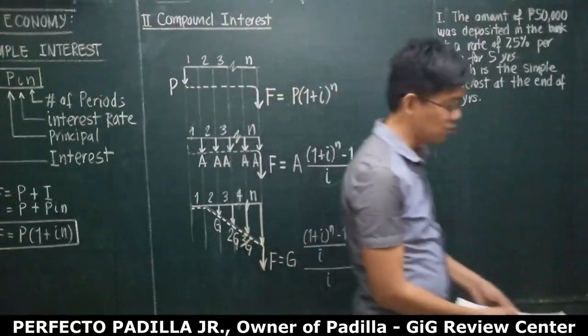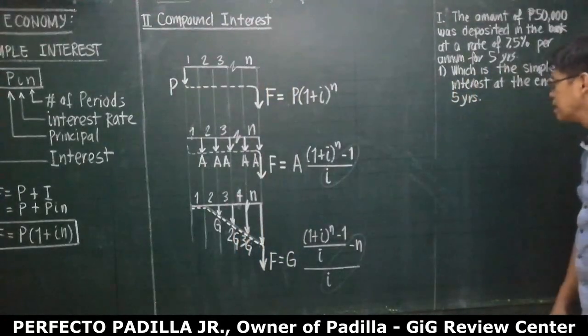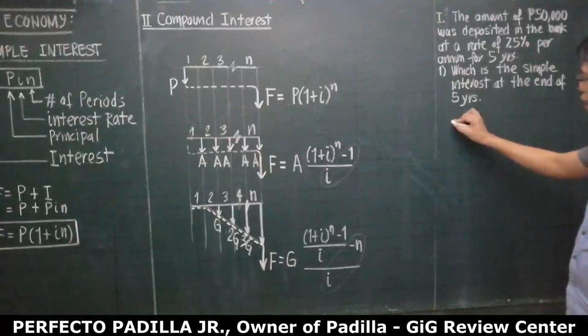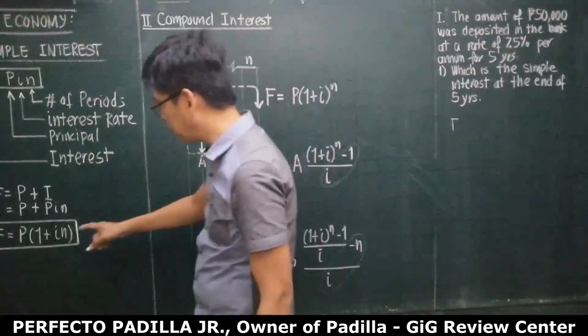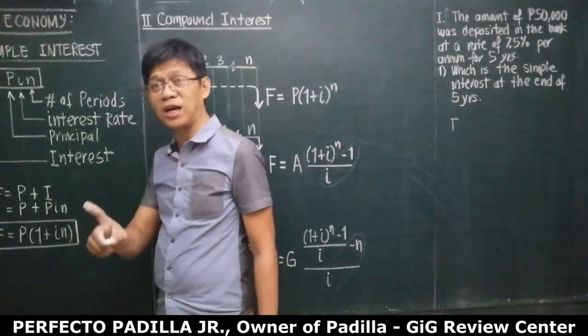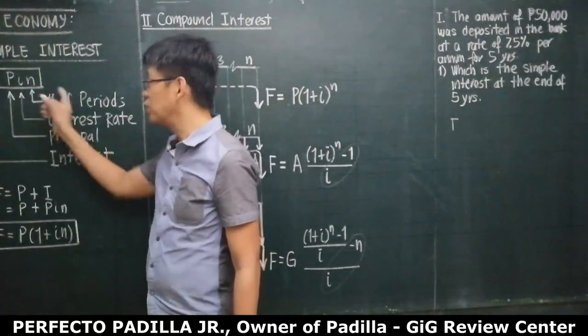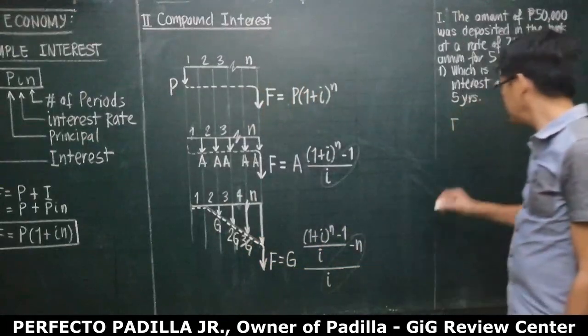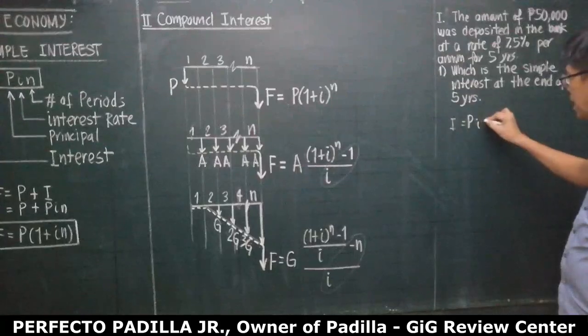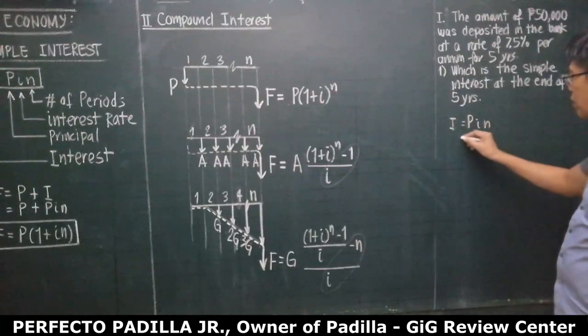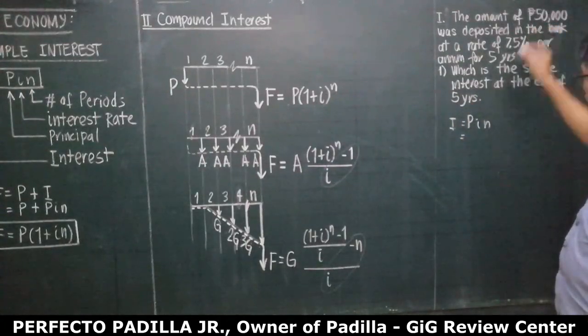So, let us try to solve that. Okay. Now, dito, yung F natin is equal to P times (1 plus i) raised to n. Pero ang hinahanap lang naman, interest. So, we use ipin. So, yung interest is equal to P times i times n. So, our principal is 50,000.